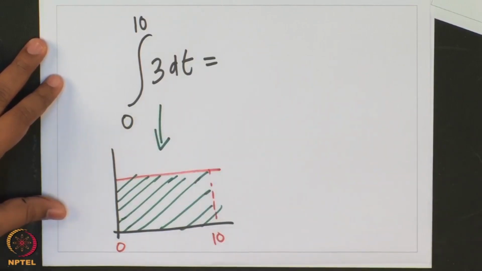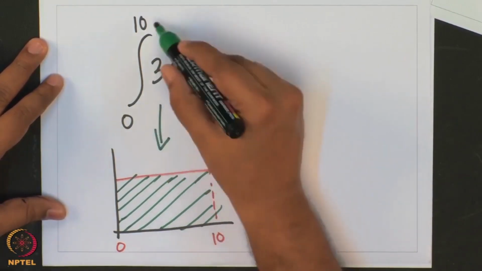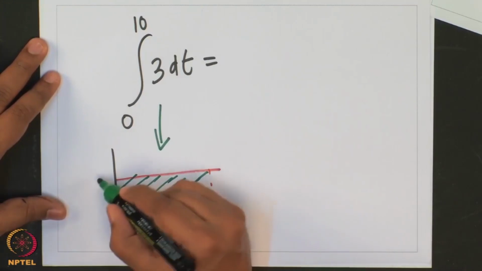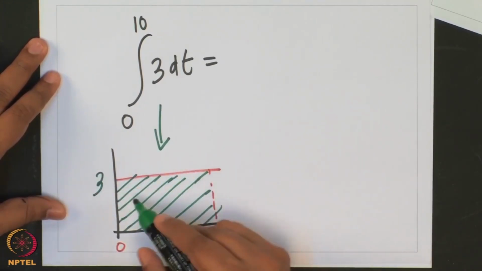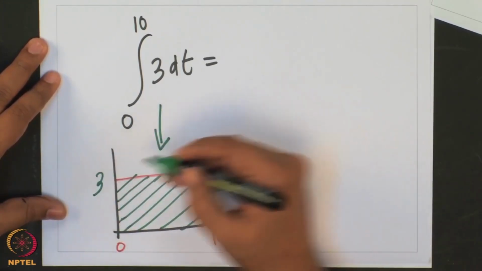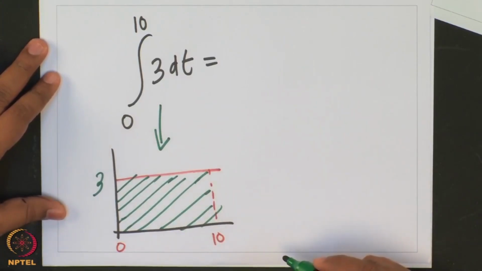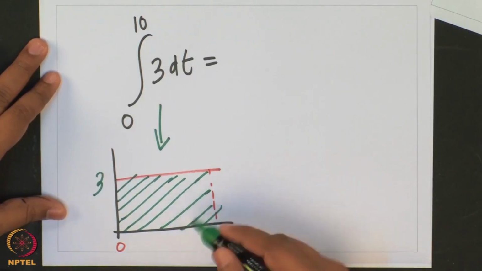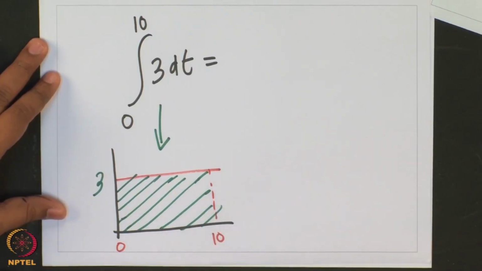This is the graphical meaning of this. So integral 3 dt 0 to 10 is nothing but this area between 0 and 10 with the y being 3, the function being 3. So now we know that the answer is 30 because of the area.